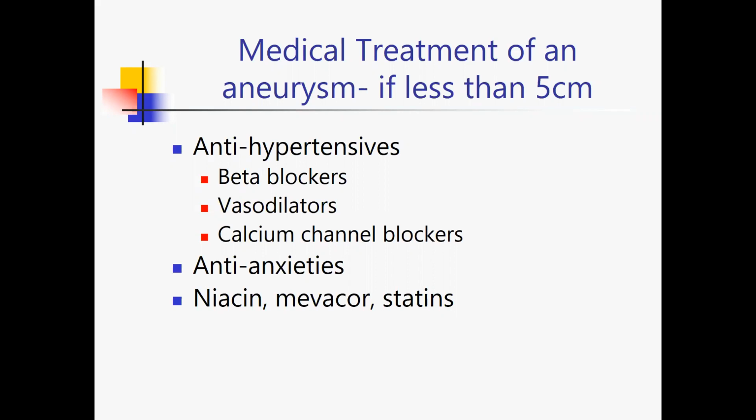We want to keep their systolic blood pressure between 90 and 120. The best for them is less than 120 millimeters of mercury. If they're being seen by their provider on a routine basis, then we want to make sure that we note what their MAP is, their mean arterial pressure, and that needs to be between 65 and 75 millimeters of mercury.